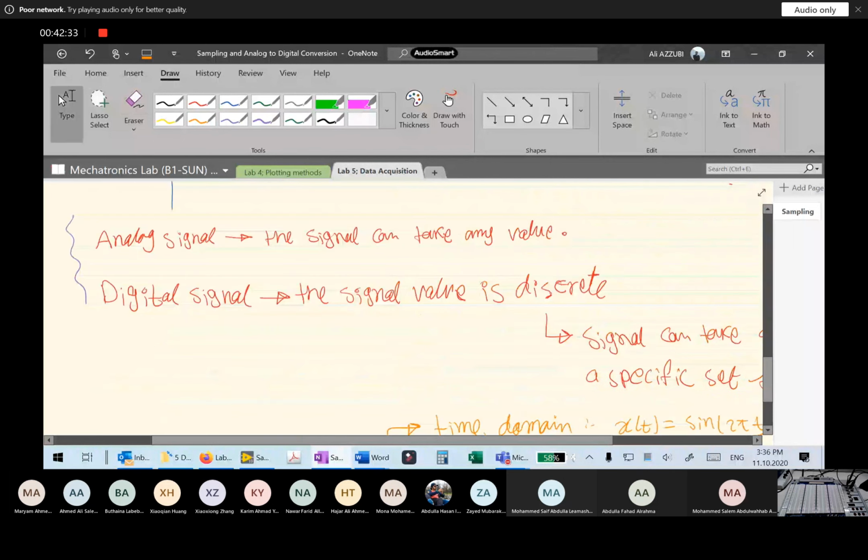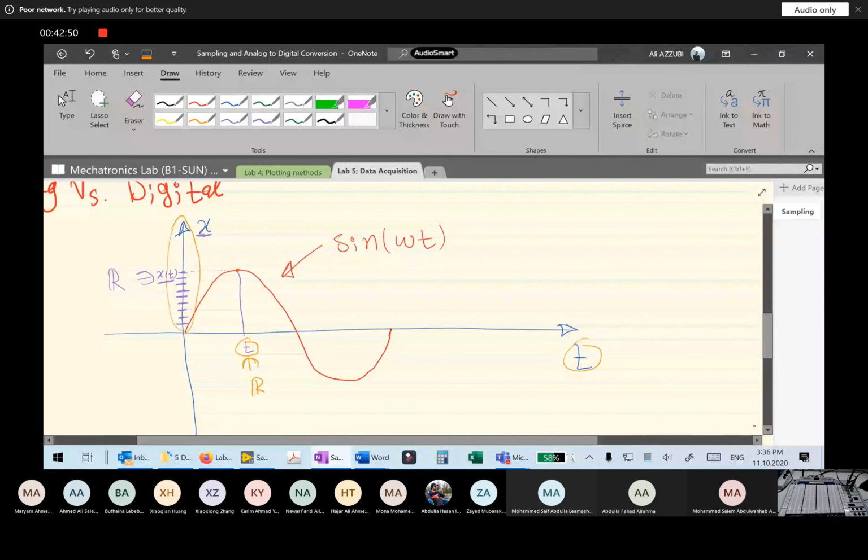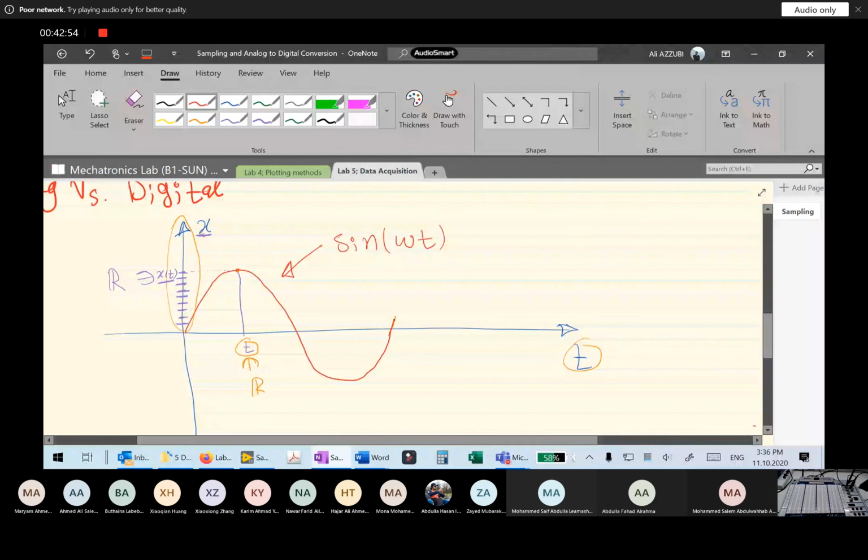Any t you give me on this figure, any t that belongs to the real numbers, I will give you the value at that t. This makes it a continuous-time signal. Let me plot another cycle. You see I'm plotting the signal continuously, like a continuous line.